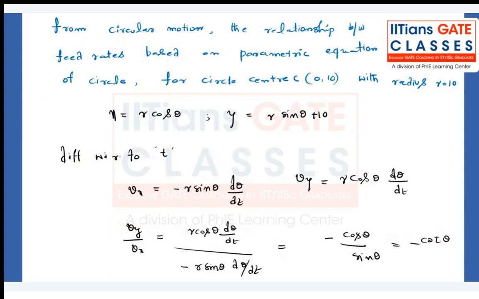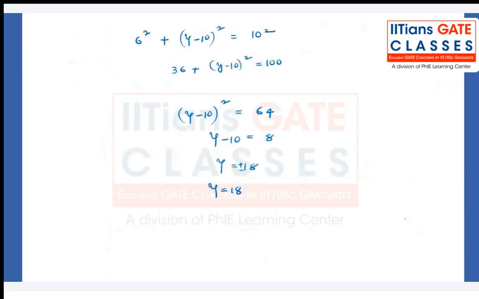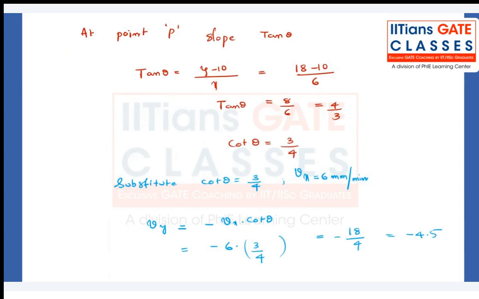See here, I just substituted in this equation. What is this equation? See guys, vy by vx equal to minus cot theta. So in this equation, I substituted the vx and cot theta values, then I get vy.